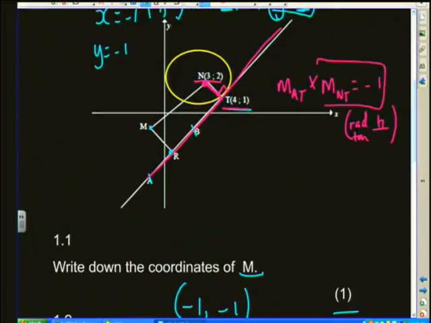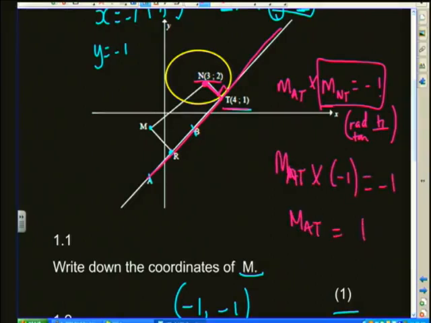Now remember, going back to what I said, the product of the gradients of perpendicular lines is equal to -1. So if the gradient of NT is -1, that implies that the gradient of AT must be equal to +1. We divide both sides by -1. -1 divided by -1 gives me +1.